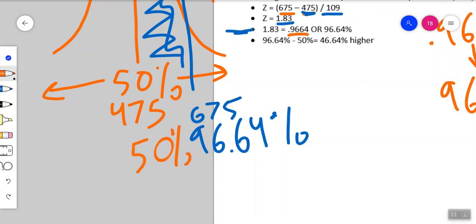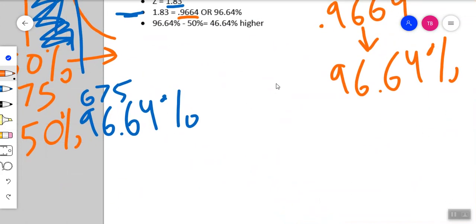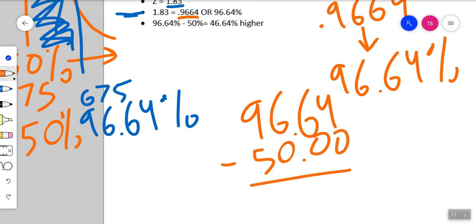So now you're just going to subtract the two. Just so you remember, we're looking for this middle spot right here. So go ahead and go across here, and it's a simple subtraction. 96.64 minus 50% means you got 46.64% higher.